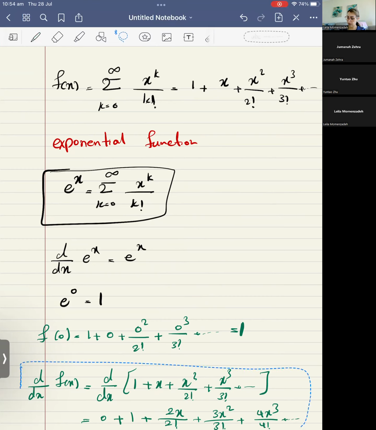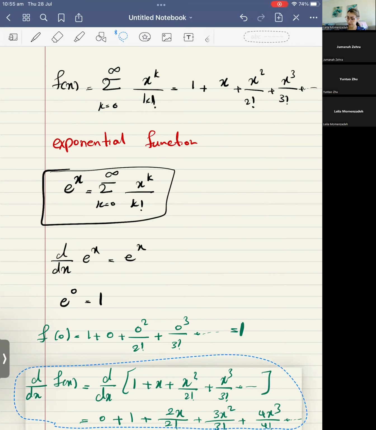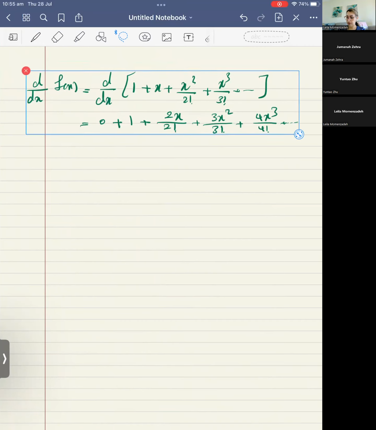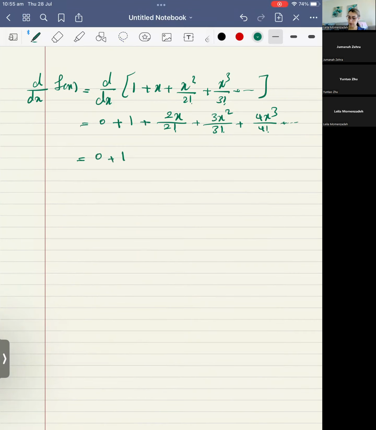If I copy this and paste it here, it would be equal to 0 plus 1 plus 2x over 2 times 1 factorial plus 3x squared over 3 times 2 factorial plus 4x cubed over 4 times 3 factorial, and this 2 with this 2, this 3 with this 3, and this 4 cancel.